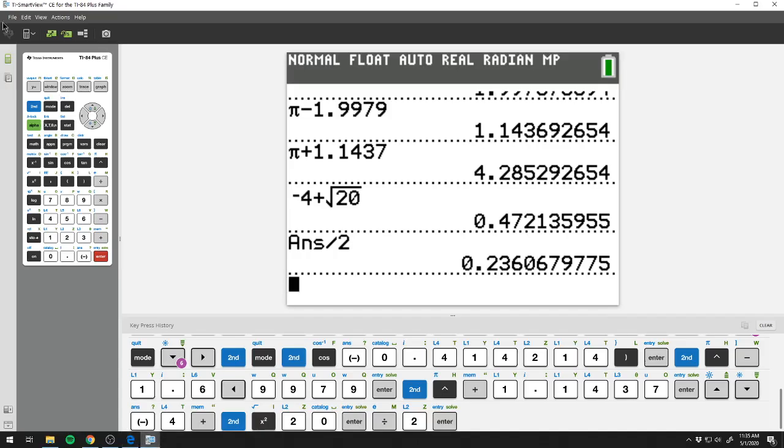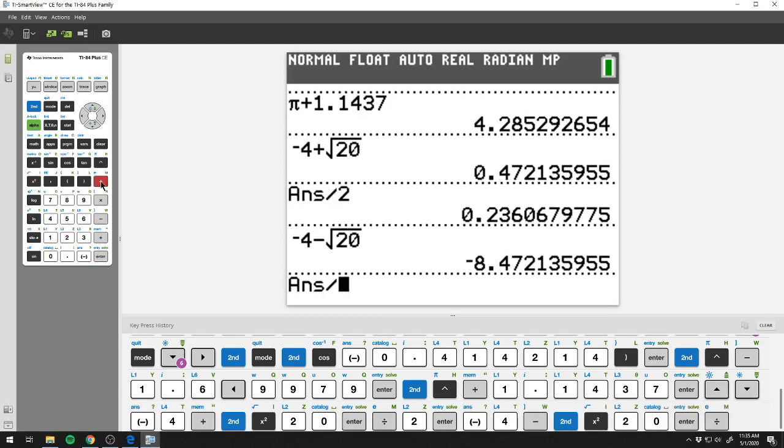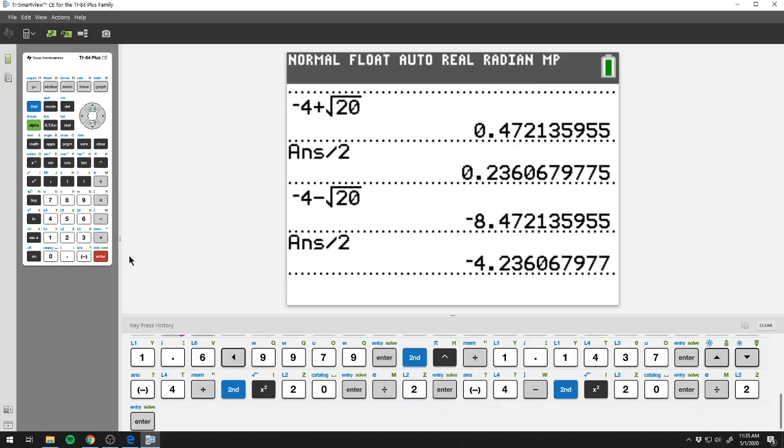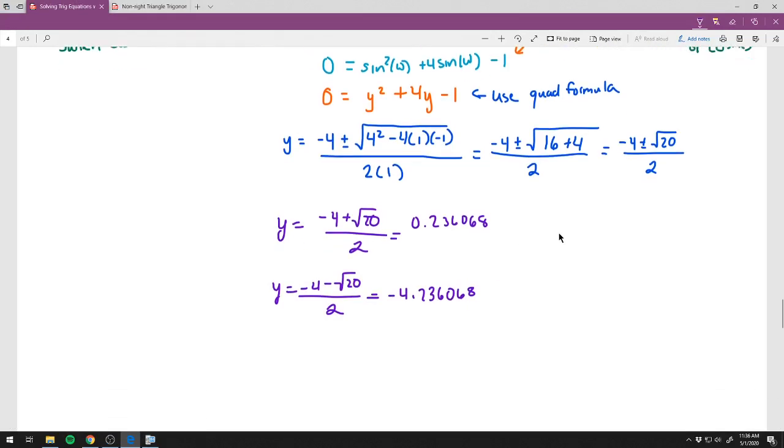And if we do -4 minus the square root of 20, and then divide that by 2, we get -4.236068. And you might already be thinking back to the last problem and how this is going to work.